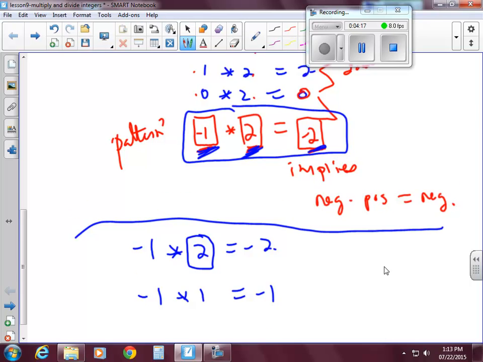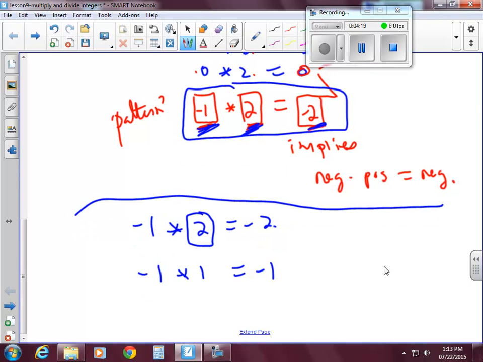But now let's look at the number pattern. Again, think about just pattern recognition. This is -1, this is -1. The next number would still be -1. This is a 2, this is a 1. You'd have to go down 1 to get 0. And we know that anything times 0 is 0.